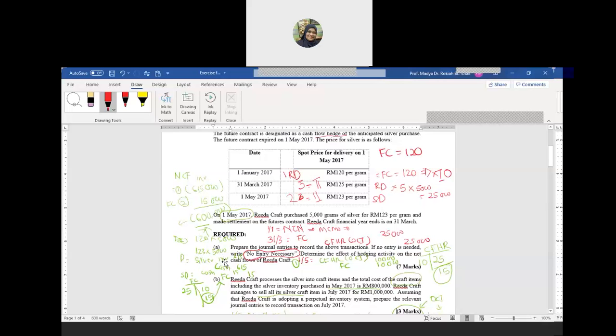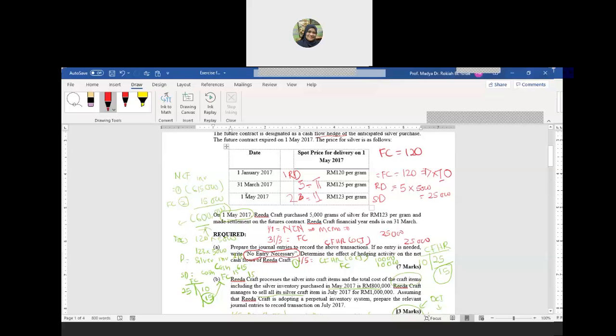If you look at your journal entries that have a cash flow, the first one is when you purchase the silver. The amount that you have here is negative 615, which is from the purchase of inventory.